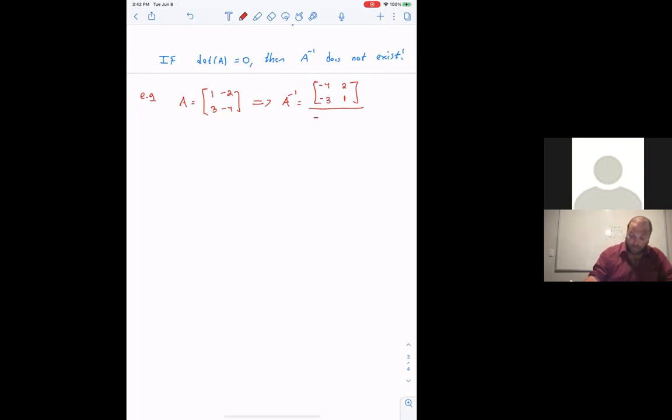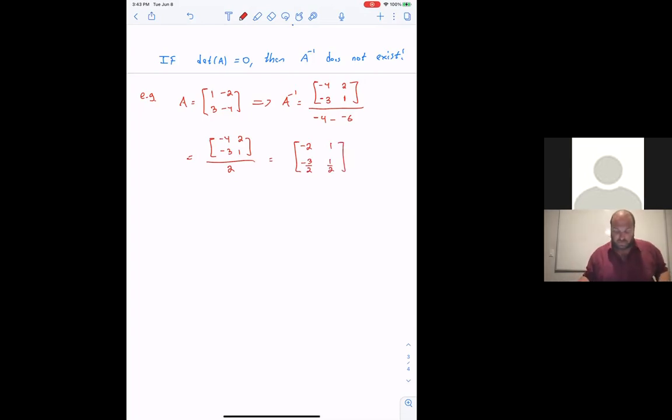And then we divide by 1 times -4, which is -4, minus -2 times 3, which is -6. So simplifying, we have the matrix -4, 2, -3, 1, divided by -4 minus -6, which is -4 plus 6, that's 2. And how do we divide by a number? It's the same thing as multiplying by 1/2, which means you just divide each entry: -4 divided by 2, 2 divided by 2, -3 divided by 2, 1 divided by 2. And we have A inverse.